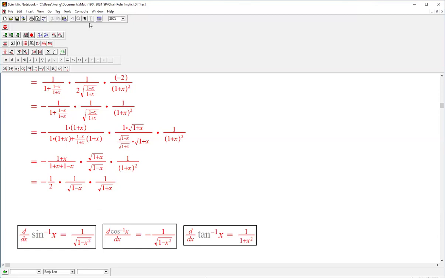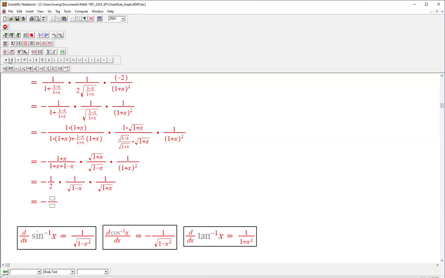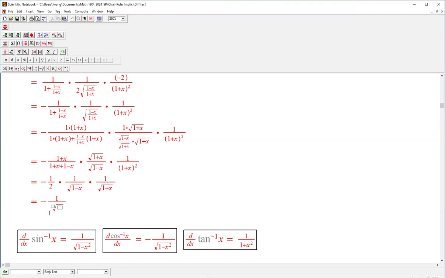Now, in the end, we have negative 1 over, okay? These two multiply under the square root, right? And there's a 2 in front.